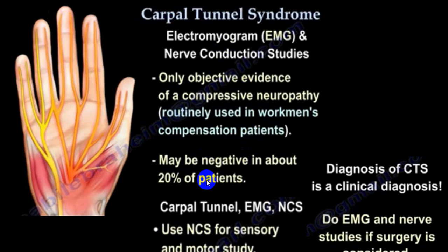Almost in 20% of people it may be negative, particularly in a mild variety. So nerve conduction study for the sensory part will be very useful, and EMG is usually done before surgery.